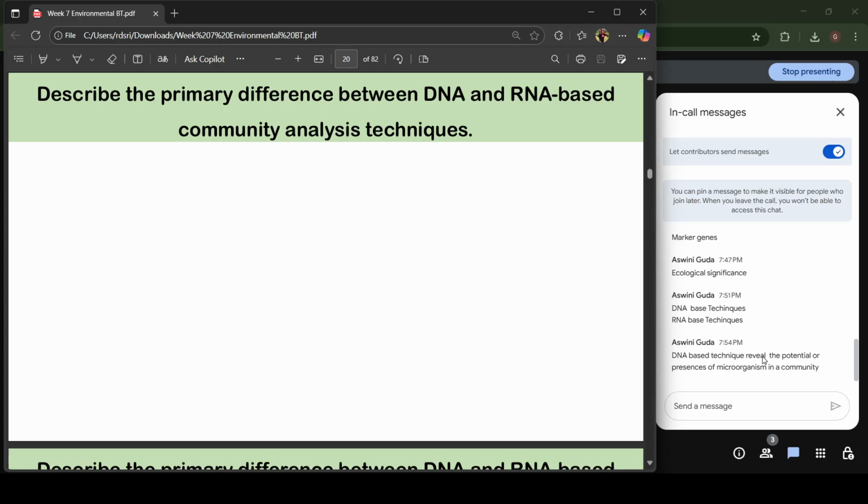Okay. DNA based techniques reveal the potential or presence of microorganisms in a community. Then what about RNA based techniques? What do they tell us?